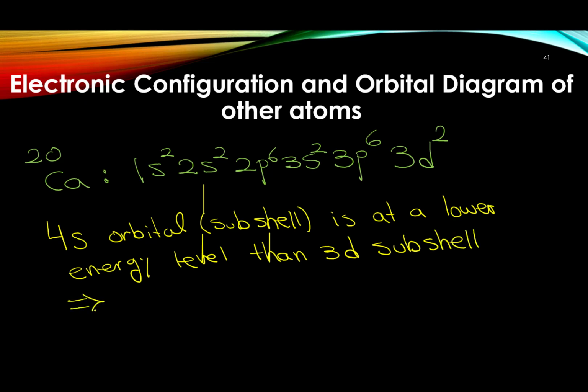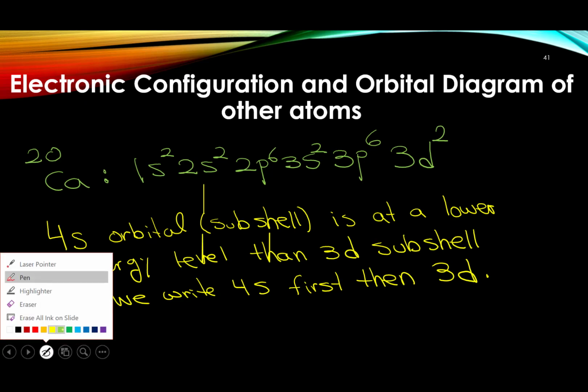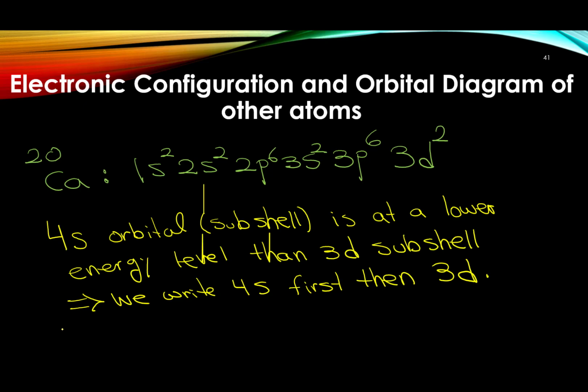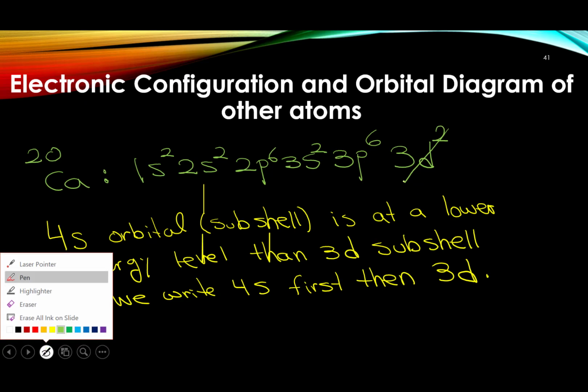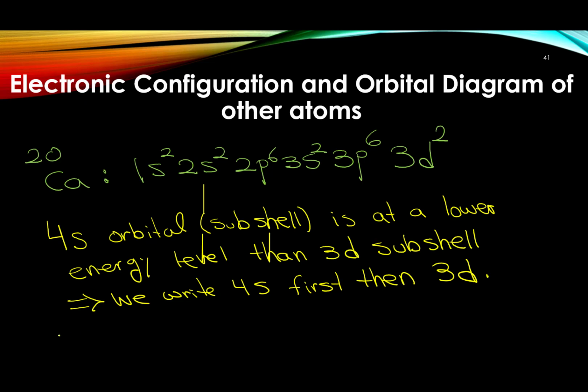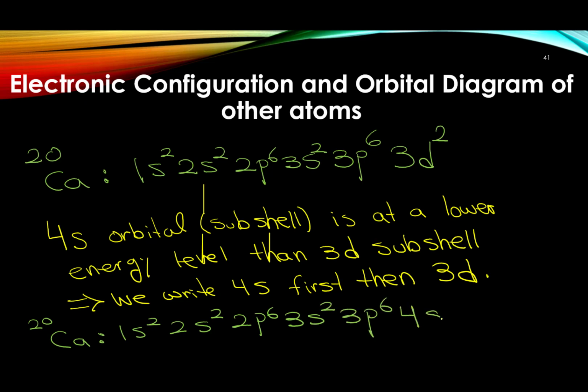Therefore we write 4s first, then 3d. Instead of writing 3d2, which would be wrong, we write it as 1s2, 2s2, 2p6, 3s2, 3p6, and 4s2.